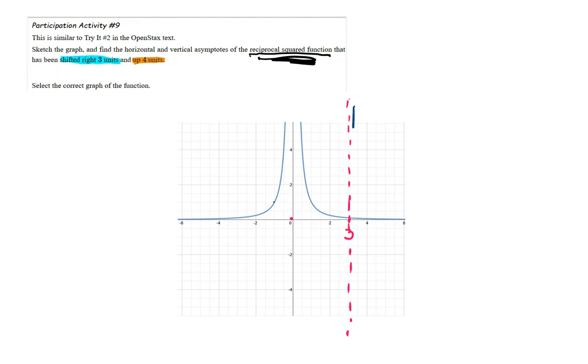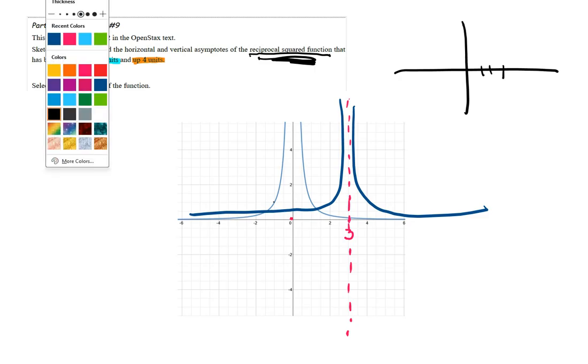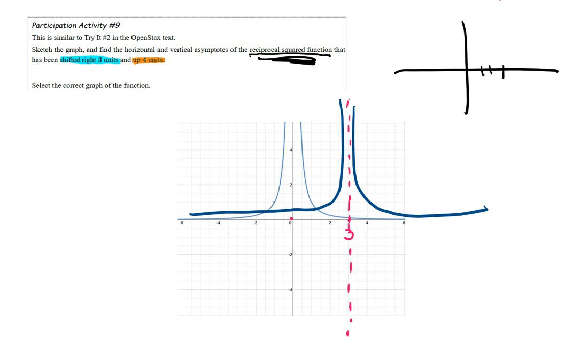It's now going to look like this. Okay, ignore the original graph. It is now shifted 3 units to the right. And then I need another graph up here. So 1, 2, 3. You now have a vertical asymptote right here, and the graph goes like this now.